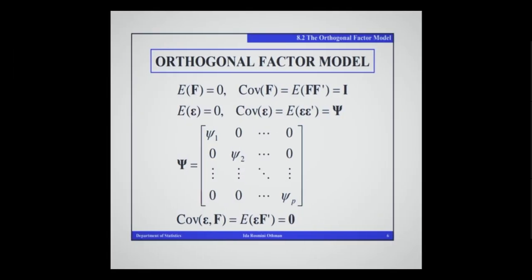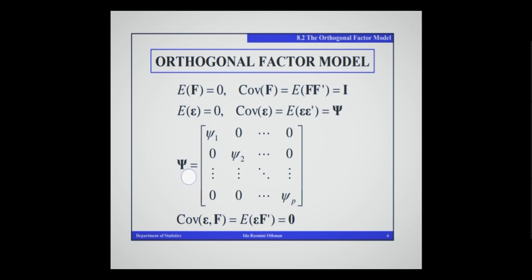Okay, so this is the assumption untuk model. Mean of the factor tadi it is 0. Covariance of factor adalah identity. Mean for the error is 0 and the covariance of error will be, the notationnya adalah psi.